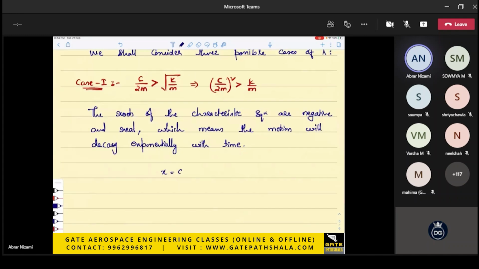So you write x equals c1 e power lambda 1 t plus c2 e power lambda 2 t.